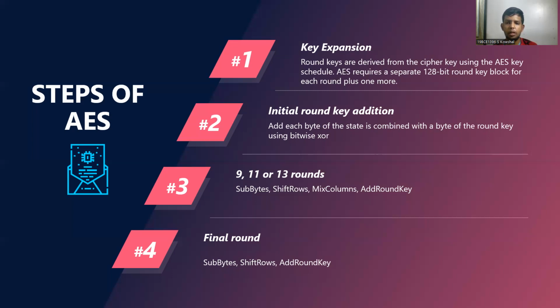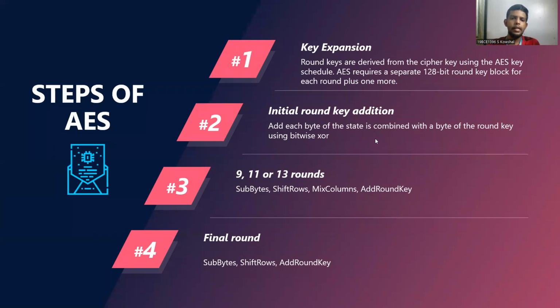Then the mix columns. Then the add round key operation. This is how each operation works. Then I have the final round, that is the nth round. The sub bytes, shift rows, and add round key operations are done, and mix columns is not done at that point.